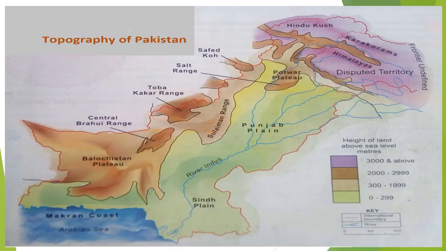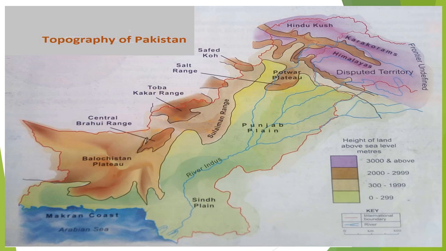Here you can see the most important slide of this lesson. This is the topography of our beloved country, Pakistan. You all know that Pakistan has different types of landforms: plains, plateaus, deserts, valleys, glaciers.